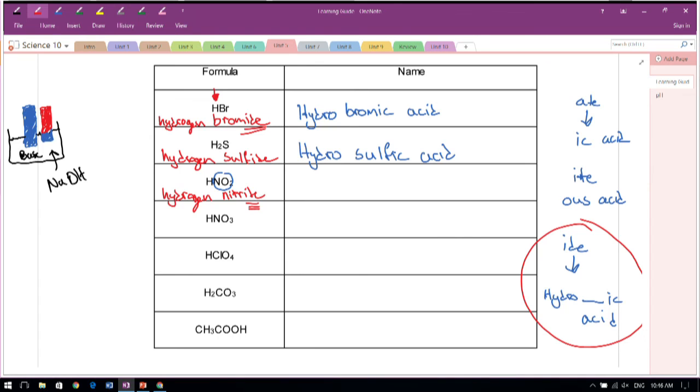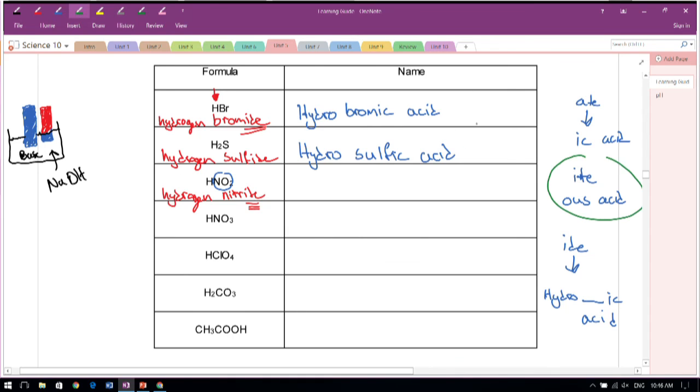And because it's normally called nitrite, the ending is "-ite". So instead of using these rules, I need to go to my "-ite" rules. And my "-ite" rules say that I need to change the ending from nitrite to "-ous" acid. So this is going to be nitrous.